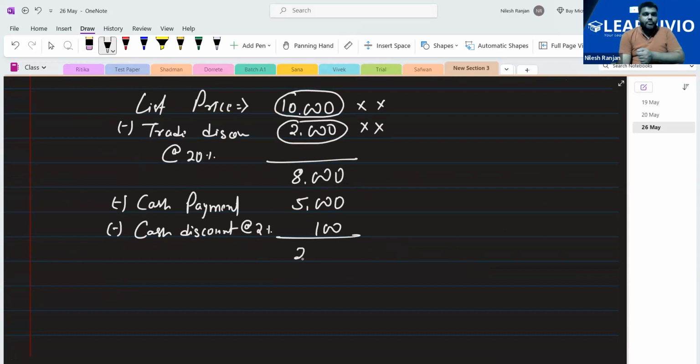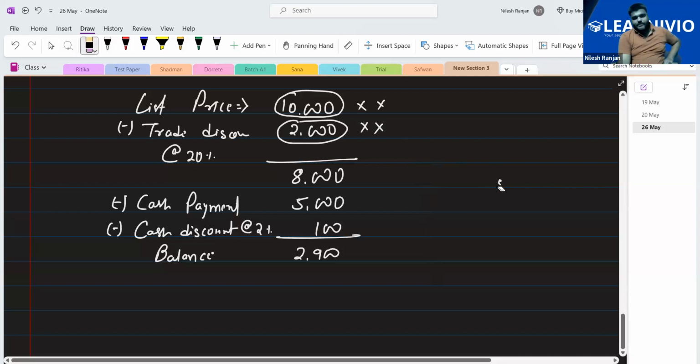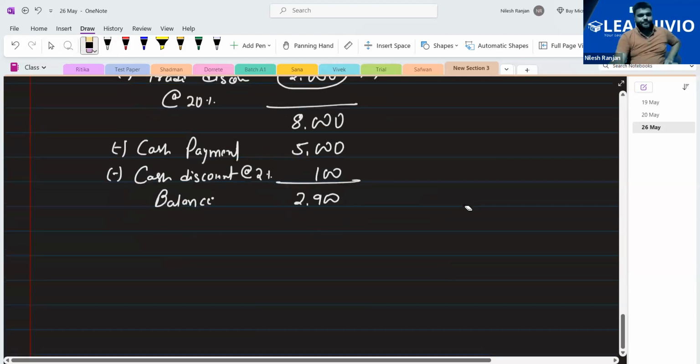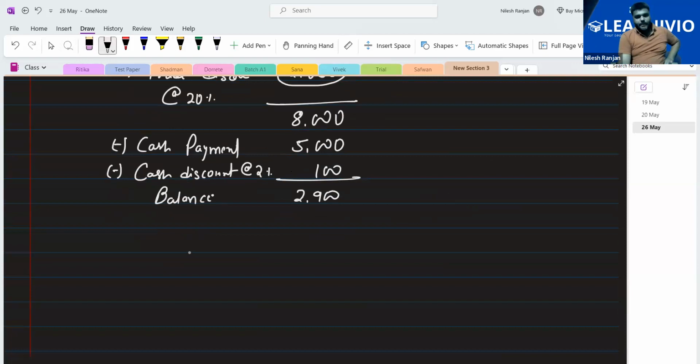Okay. Now the balance amount is 2,900. This is the balance, or you can say outstanding amount. So how will we record this journal entry? If we have purchased goods, the total purchase value will be 8,000.